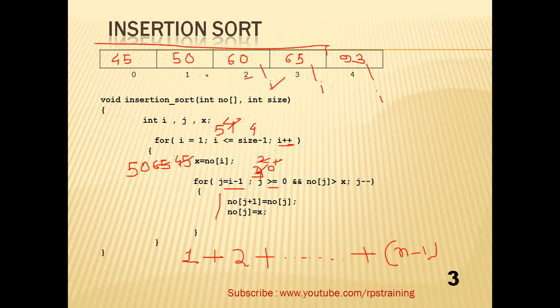So it will be n into n minus 1 by 2, and it is big O n square. If the array contains data in reverse order, in descending order, and we want to sort it in ascending order, then the time complexity will be big O n square.